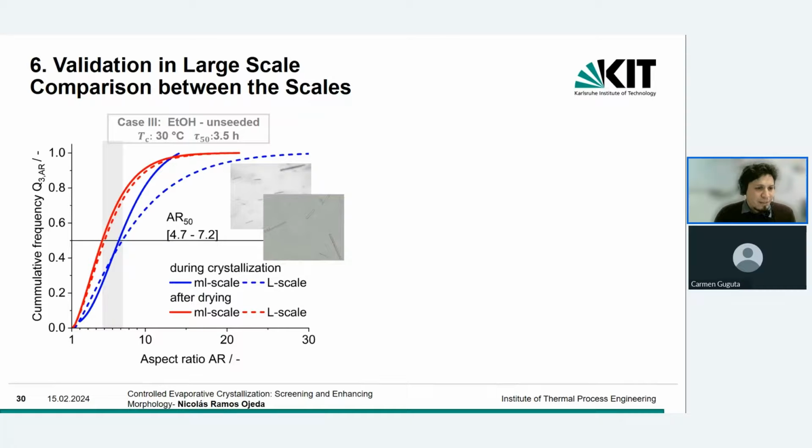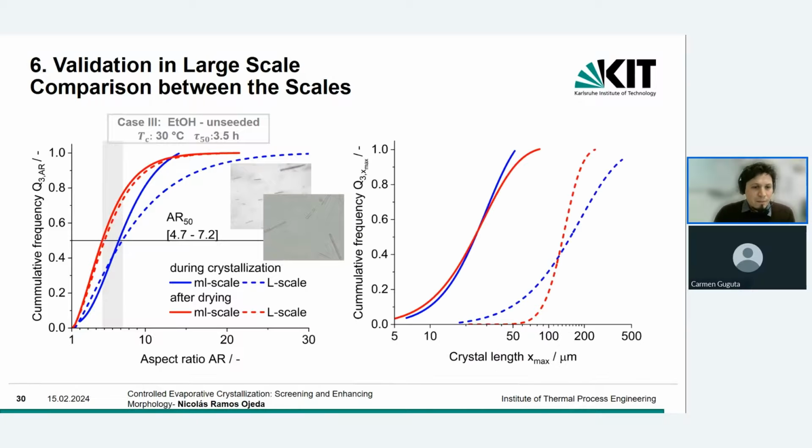Now for the case trying to crystallize needle crystals, again the variability in the aspect ratio can be seen in both cases, but still, at least during the crystallization, they tend to be more equivalent, and it happens exactly the same after drying. But here the issue was more noticeable after the experiments.